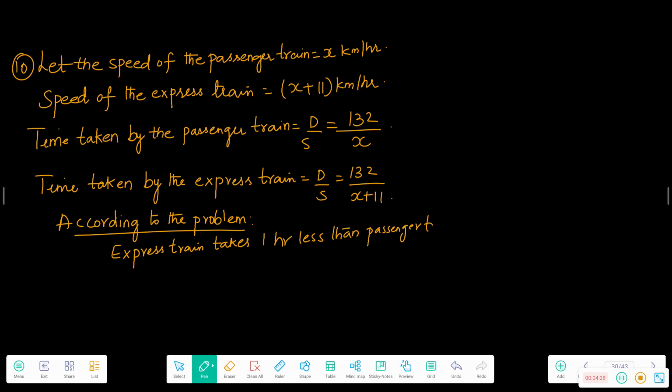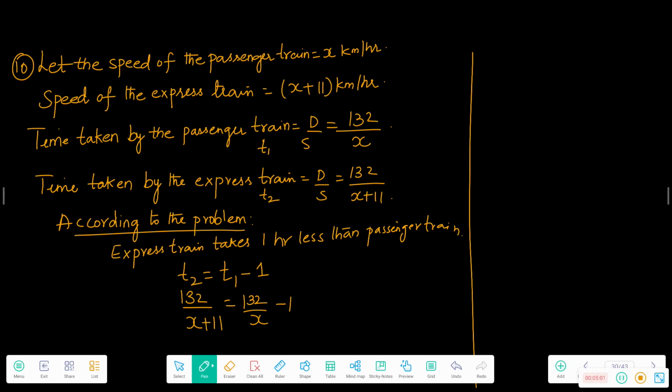So we will find an equation for this. Let the time taken by the passenger train be T1 and the express train be T2. So T2 is 1 hour less, T2 is T1 minus 1. So we will get 132 by x plus 11 is equal to 132 by x minus 1. So we will solve this equation.